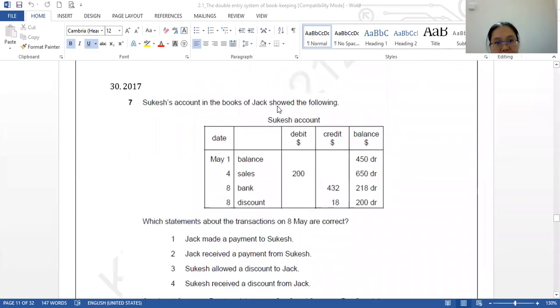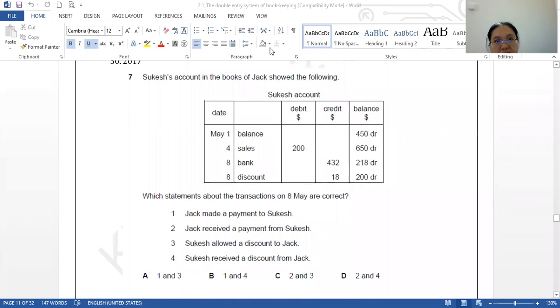Okay. Question 30. Suki's account is as follows. So this one is a debit balance. This is a trade receivable. So which statement is correct on 8? Jack made a payment to Sakis.